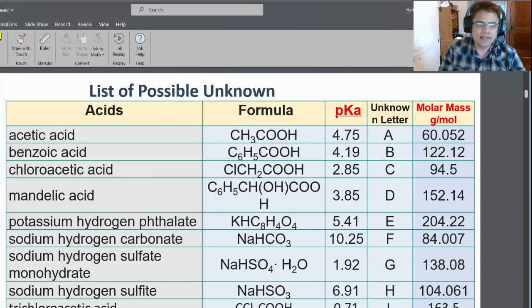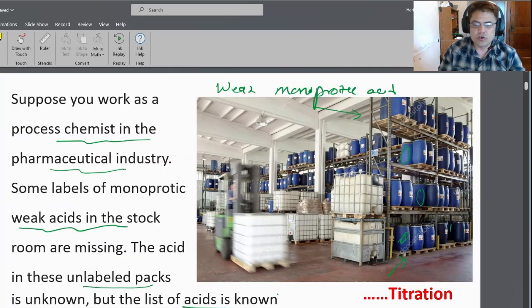Whatever drums are missing are any one of these acids. We know the molar mass of these, 60, 122, and we also know the pK of these acids, and any one of these is filled in those blue drums. So my question is, how do you find out?